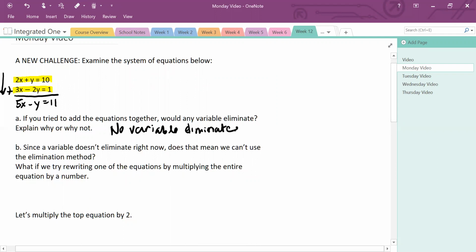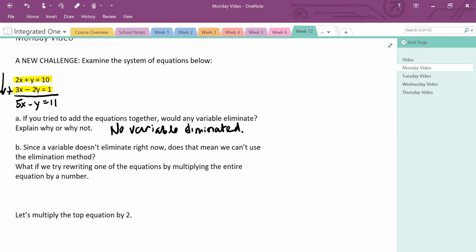We ended up with our x and y still in our equation below, because plus y and minus 2y did not equal 0. When I added, it would equal negative y.